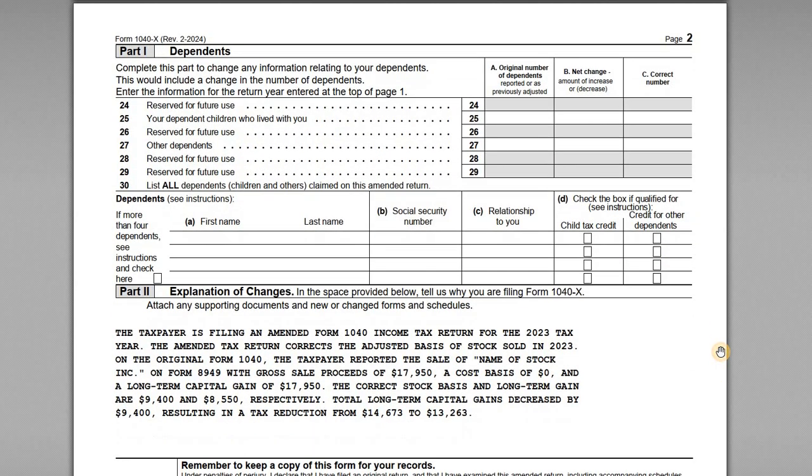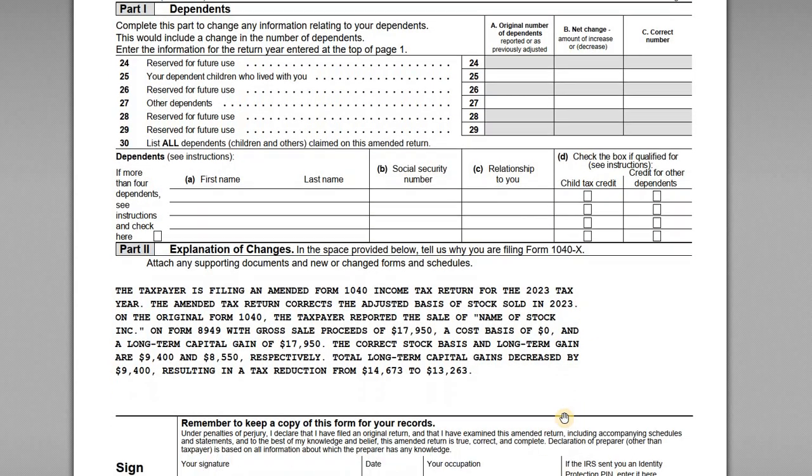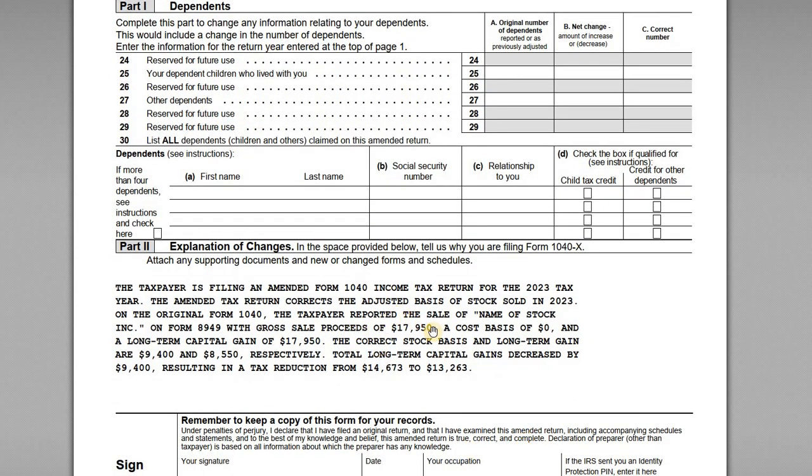Now, part 2, we have to provide some additional information on the changes, right? So definitely don't leave this blank. Input something to make it clear what changes are being made so the IRS knows whether or not these should be processed. So taxpayer is filing an amended 1040 for the 2023 tax year. The amended return corrects the adjusted basis of stock sold in 2023.